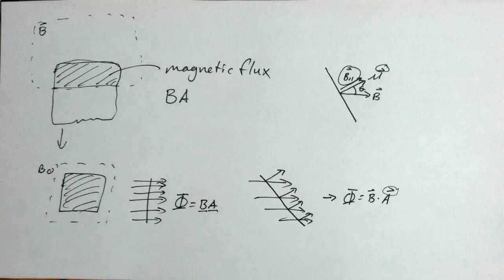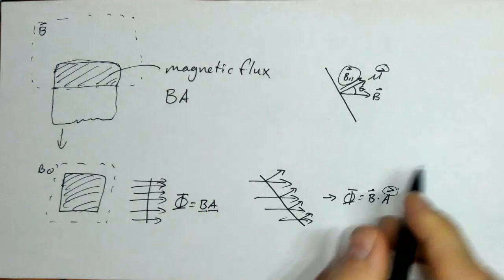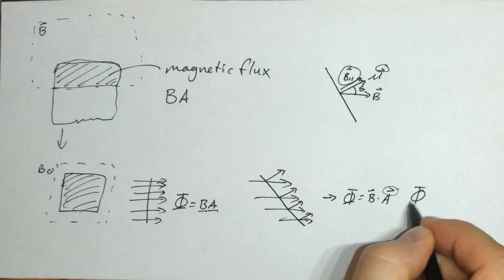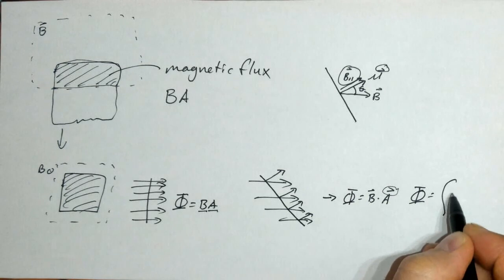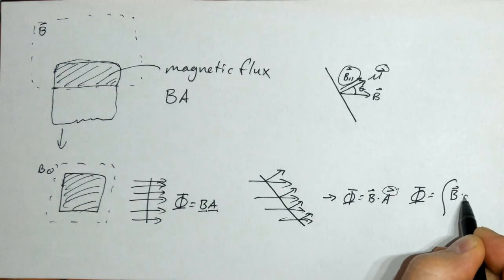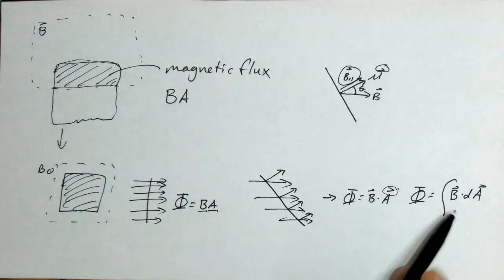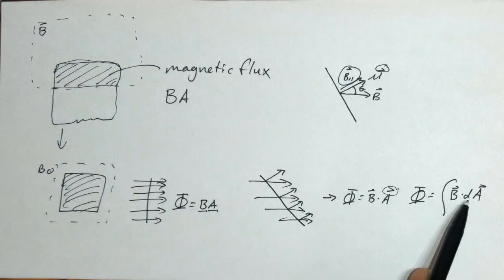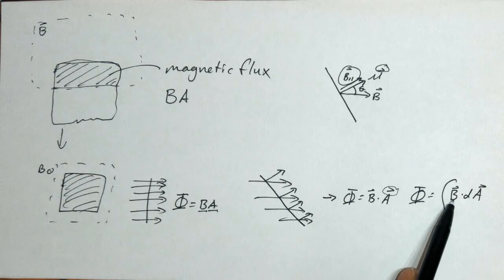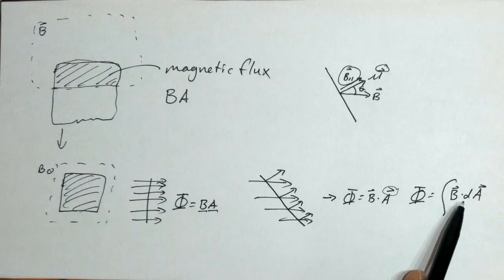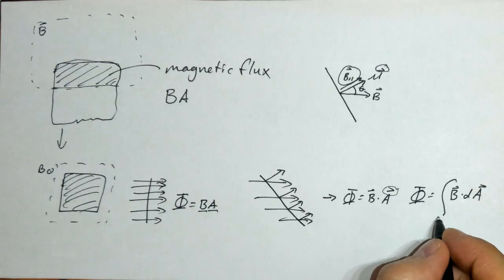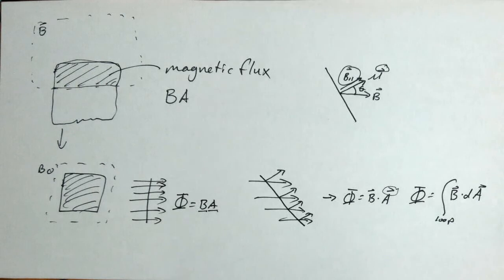Now let's go to the case where B is not necessarily constant. All that means is we have to integrate. So our full form would be: it's not constant, but it's going to be constant over small enough areas. If I choose little dA's small enough that B is effectively constant over the small areas, then I just have to integrate over the loop where that's true.